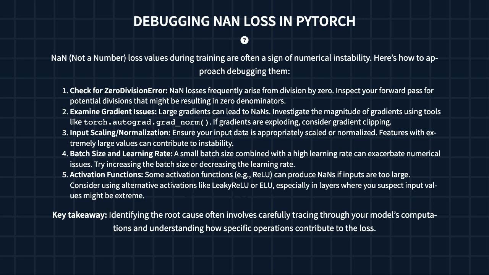Gradient clipping is a good tool here. Also, make sure your input data is scaled properly and that your batch size and learning rate aren't too aggressive. Finally, sometimes specific activation functions like ReLU can trigger NaNs if the input values are extremely large, so consider alternatives like leaky ReLU or ELU.